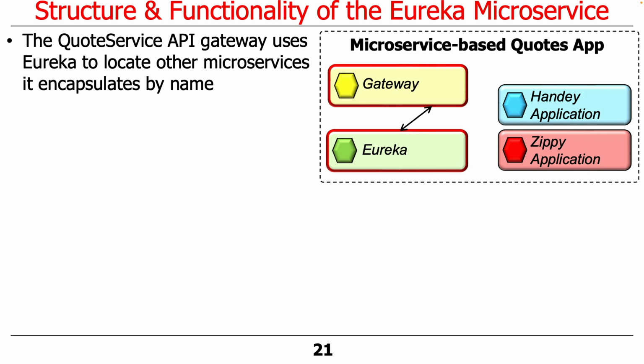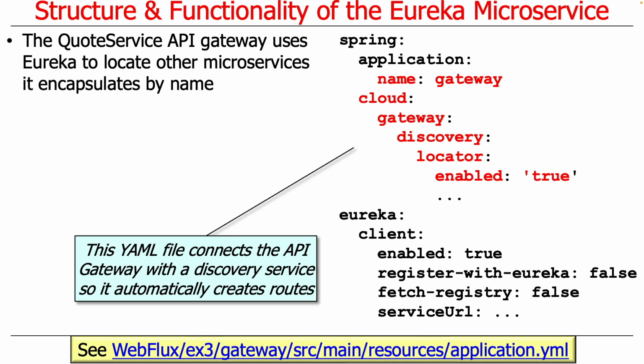So then the gateway uses Eureka to locate other microservices that it encapsulates from clients by their name. And here's what the gateway does, which is pretty cool. This is the gateway's YAML file. So the gateway says, I'm the gateway, and I want to connect to the discovery service, Eureka.